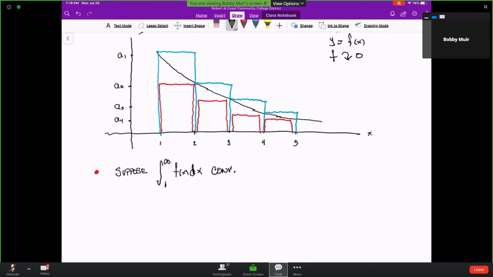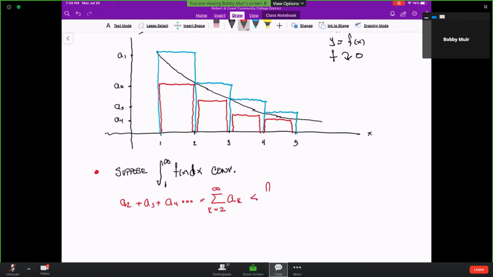So if I add up the areas of these red rectangles, the first area is a2, then a3, then a4, on and on, which equals the sum for k starting at 2 going to infinity of a_k.